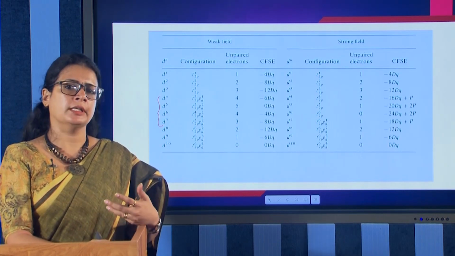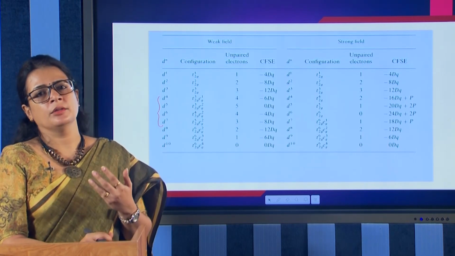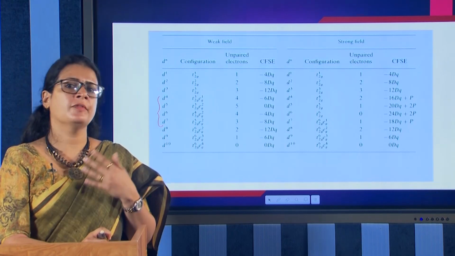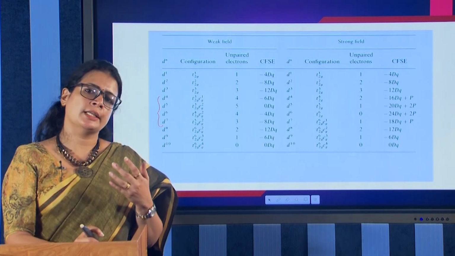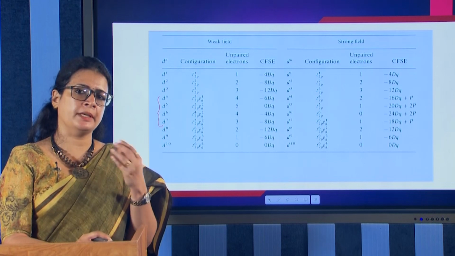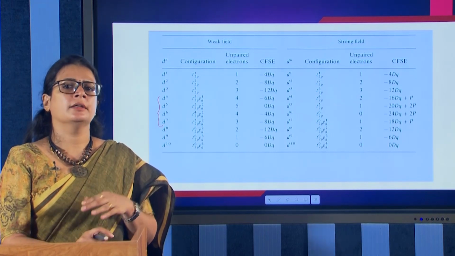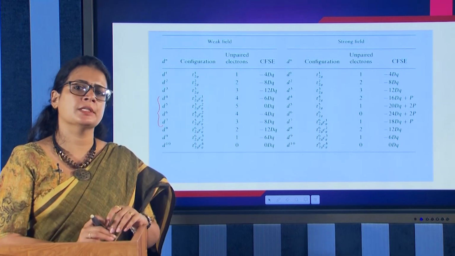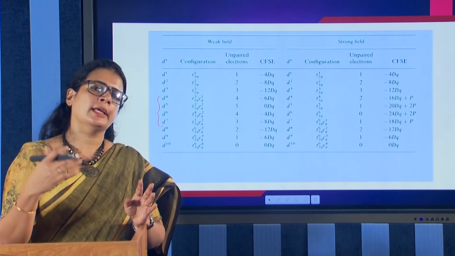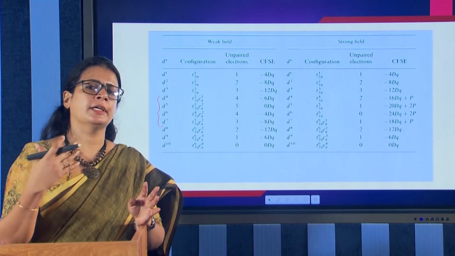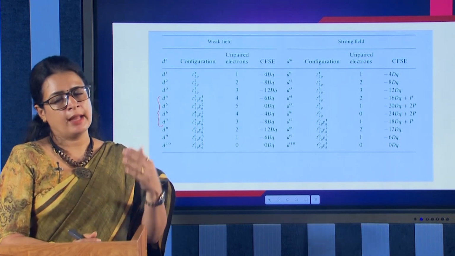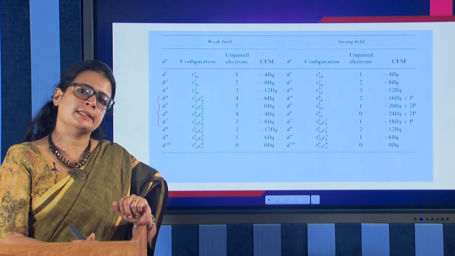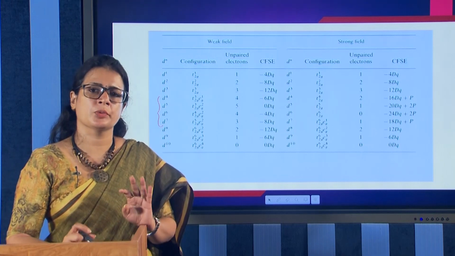The theory emphasizes the electrostatic attraction between the metal and ligands, the removal of degeneracy by the approach of ligands, the splitting of d orbitals into two sets, and the filling of electrons according to the different types of ligands present. And we have calculated the crystal field stabilization energy for various complexes also.